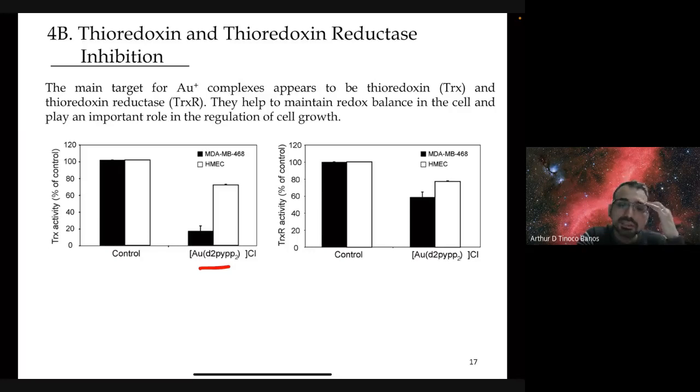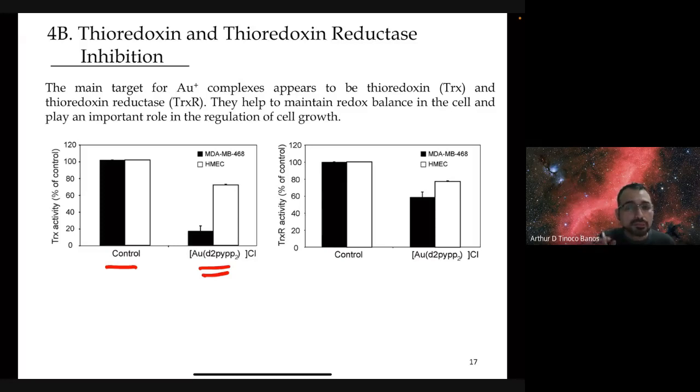They wanted to see how the compounds were impacting the thioredoxin and thioredoxin reductase proteins, both of them. We have a control, which, as I mentioned in our last lecture, is typically just the media, the buffer that you're using, versus the compound. Then we're looking at both cell lines. The black one is the cancer one, the white one is the non-cancer one.